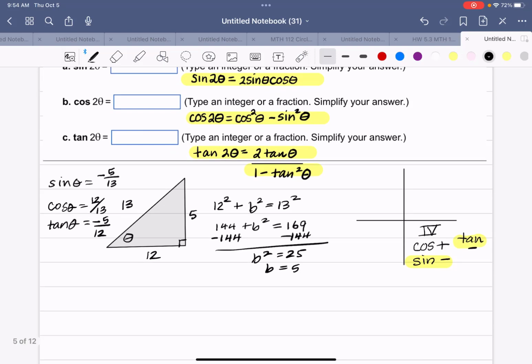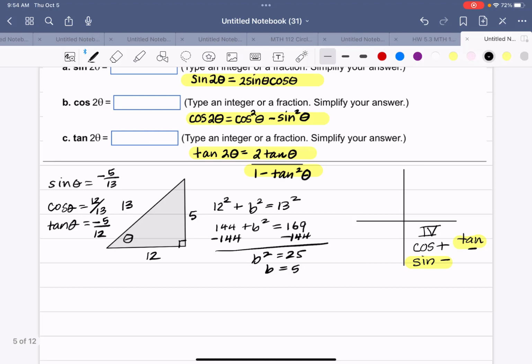So now I can use the formulas to find the answers. First is sine 2 theta. That's 2 sine theta cosine theta. So 2 times sine theta, negative 5 over 13, times cosine theta, 12 over 13.